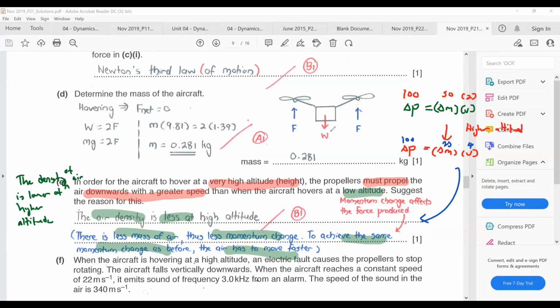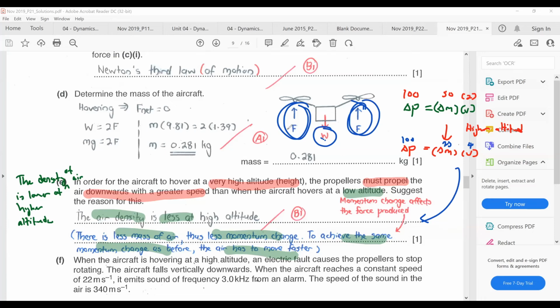Because your weight won't change at higher altitude, your propeller will still need to generate the same amount of force to support the weight. But then when you go higher, your mass of air is less. Because of lesser density, you're actually going to have less momentum change. So less momentum change would mean that your force on your propeller will be less. Your aircraft cannot hover anymore.